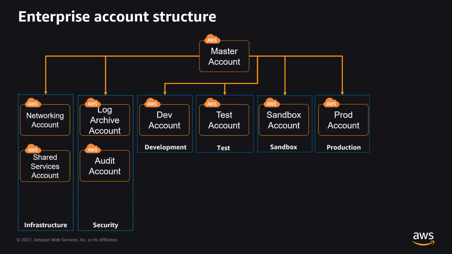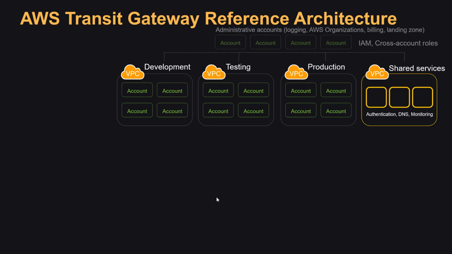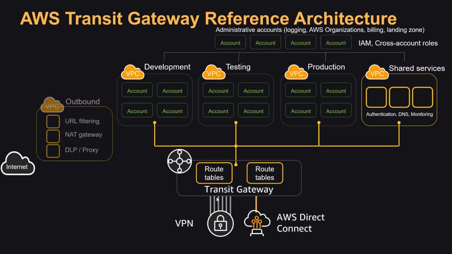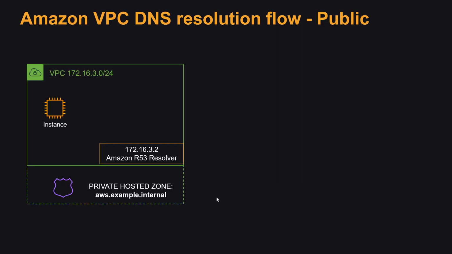Whatever the case may be, this is where the DNS infrastructure is configured and shared across multiple accounts, maybe prod account, test account, or dev account, and maybe sandbox as well. I'm going to build this completely in a second.